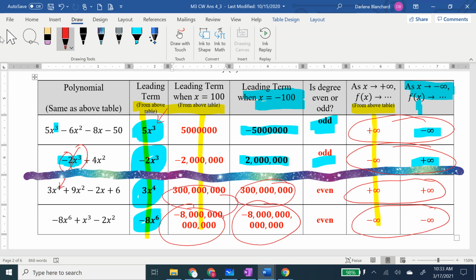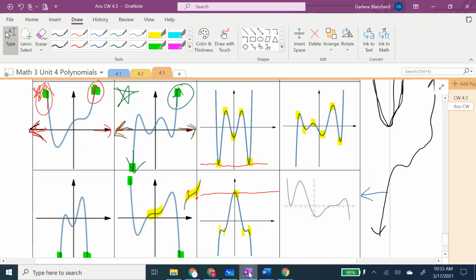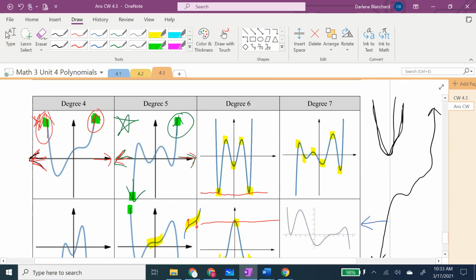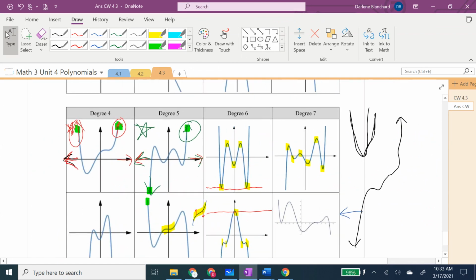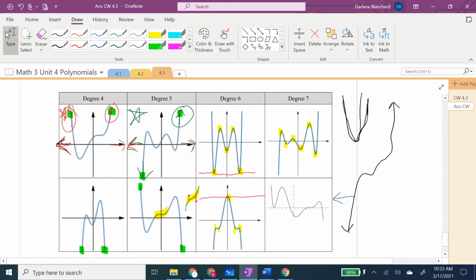I want to make sure to show you a visual. If you go back to what we were looking at yesterday, take a look at the difference between the even and the odd.